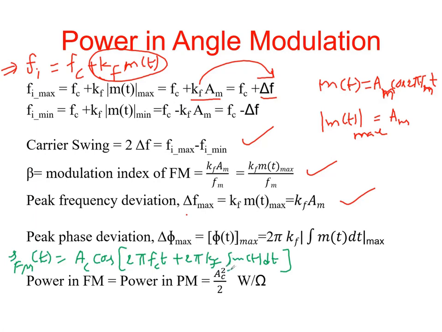This is the integration from minus infinity to t, and since this is in t, this will be m of tau d tau. Now what is the maximum value of the phase here? The maximum value of the phase is the maximum of this value, that is represented here: 2 pi kf times the integration of m of t dt maximum.